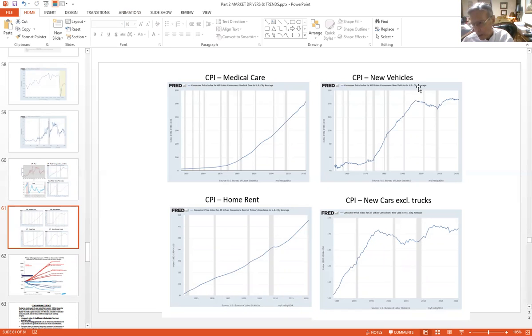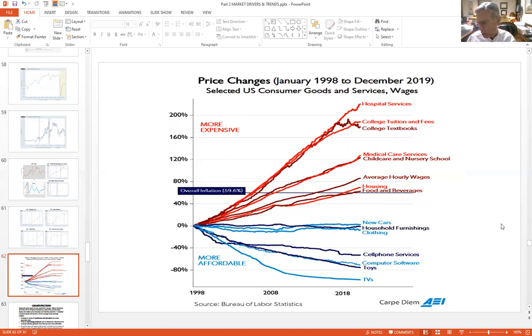So the top chart is for cars and trucks. The bottom chart is just for cars. Some differences, but not much. This is a chart that always gets attention.